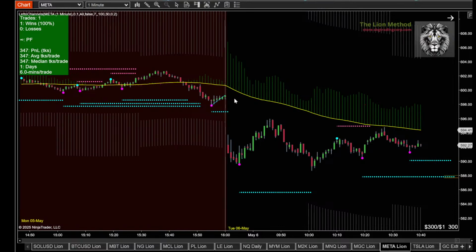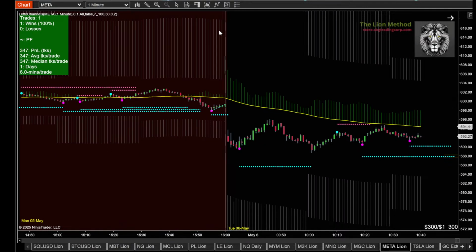And this is akin to what Leto Channels tells us: usually the gap, when it occurs in the recent past, has been above the 100. That's what this green histogram shows. Well, since it's not above the 100 today, we start thinking, that's kind of a divergence. So I expect it to go back to the 100.